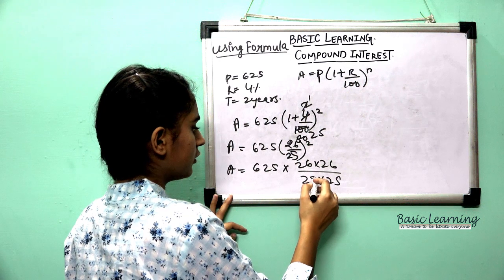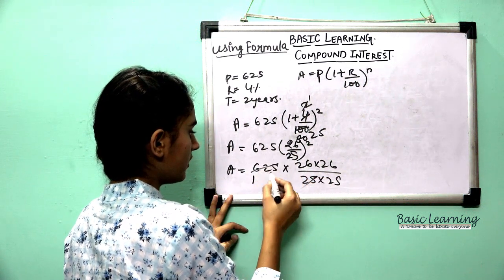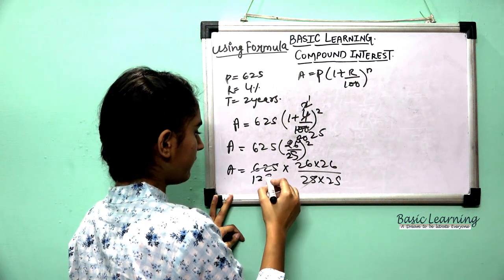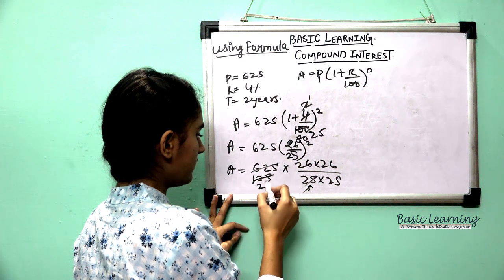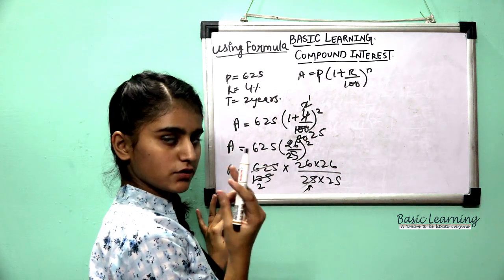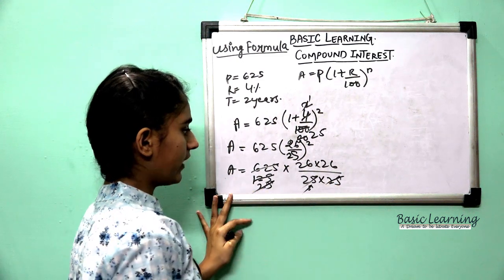Okay, so 5 5s are 25, 5 1s are 5, 5 2s are 10, and 5 5s are 25. 5 2s are 10, 11, 12. We are left with 2. So 5 5s are 25 and 25 cancelled by 25.